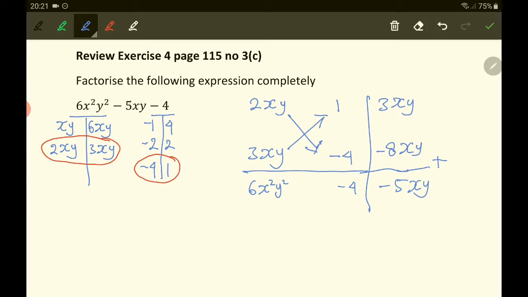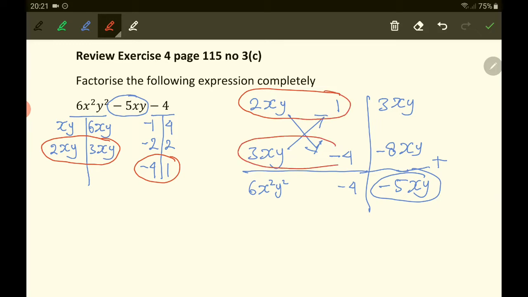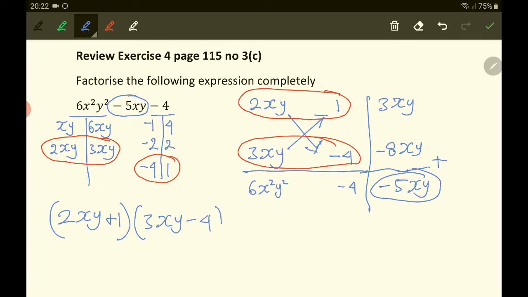This is what we expected, so they are the same. So now we get the answer: 2xy plus 1 times 3xy minus 4. This is the factorization of the expression.